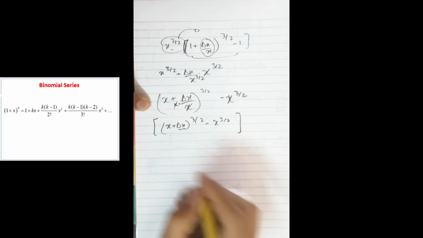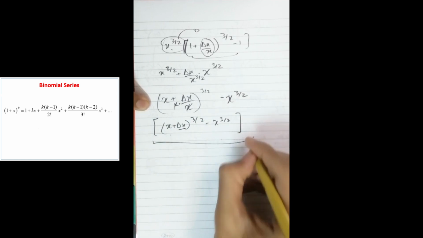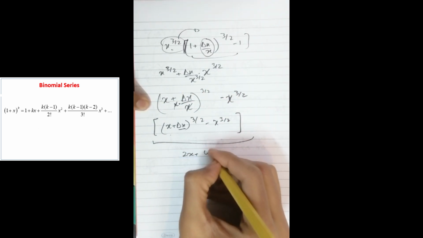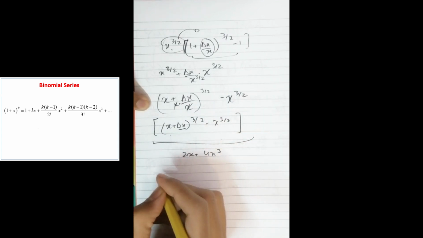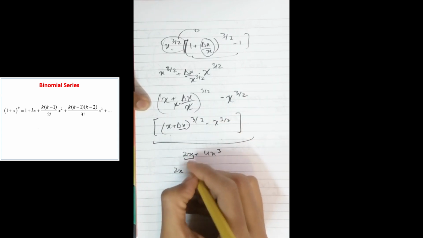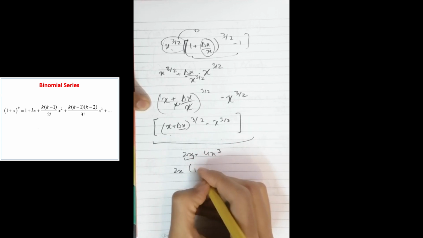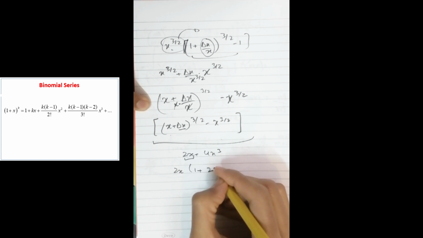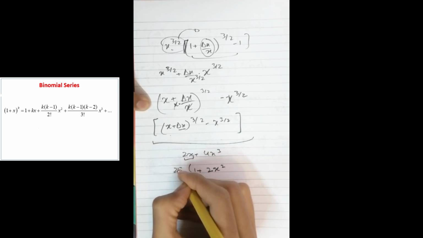Hope that makes sense. If you simply look at a simple term, forget about all these things, look at this: 2x plus 4x cubed. What is common over here? It is actually 2x that is common, so I'm going to take out 2x common. What would remain? 1, right, plus 4 divided by 2, which is 2, then x squared, because only one power is being taken out common.